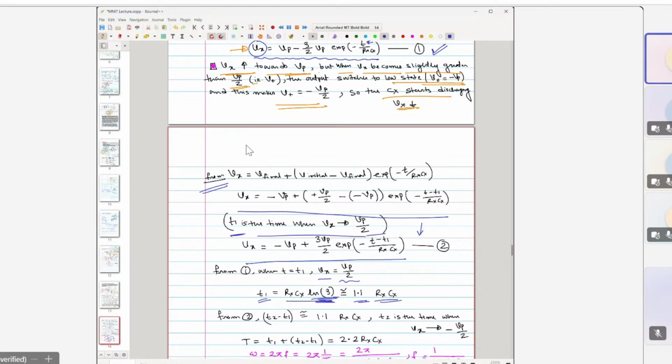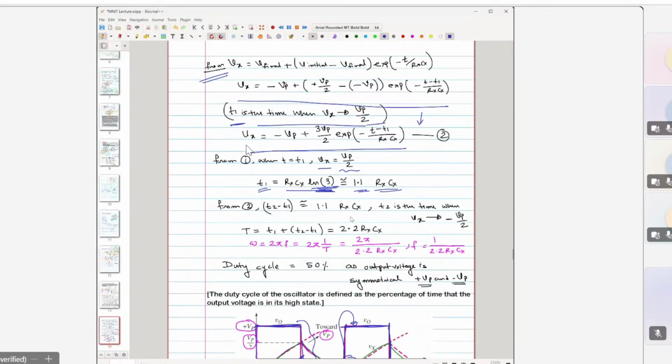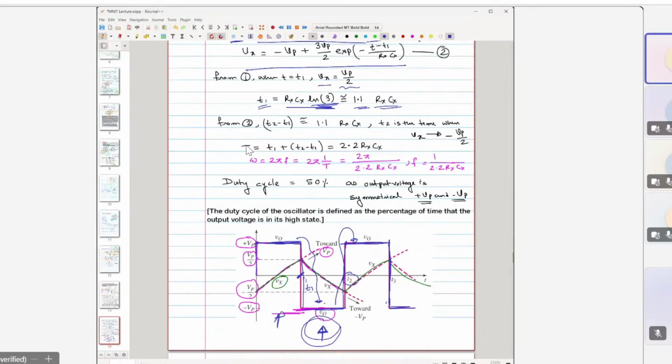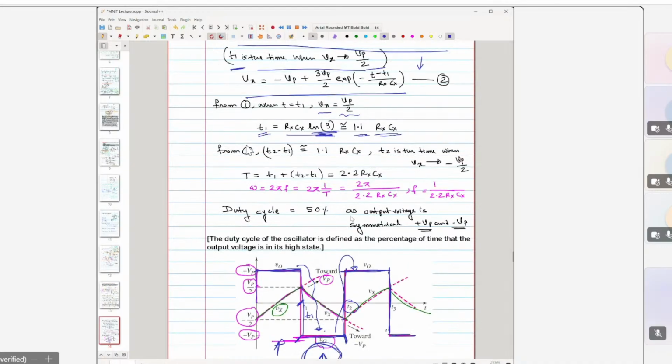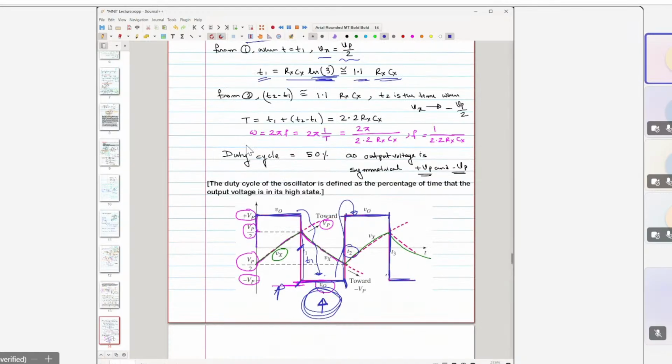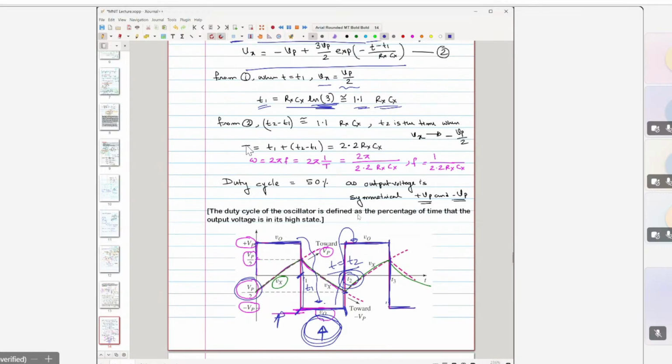Similarly for this part, between time t1 and t2, or more specifically exactly at time t equal to t2, this potential Vx reaches minus Vp by 2.